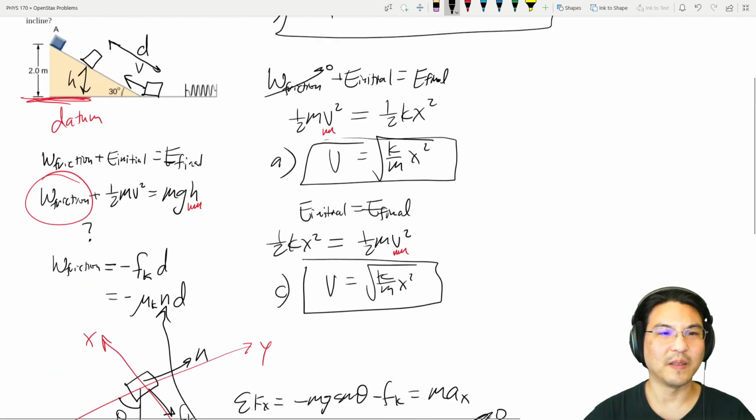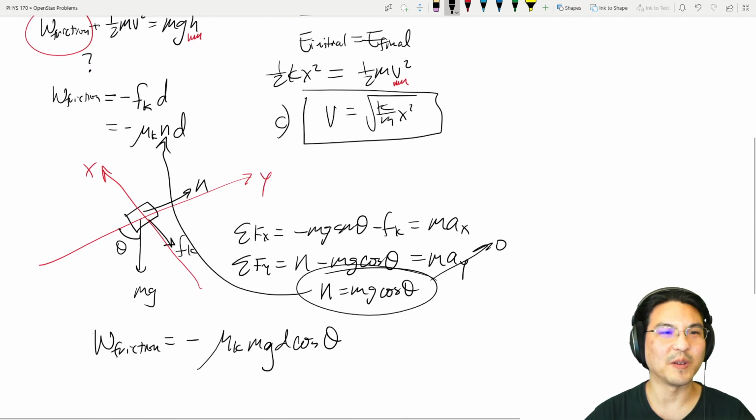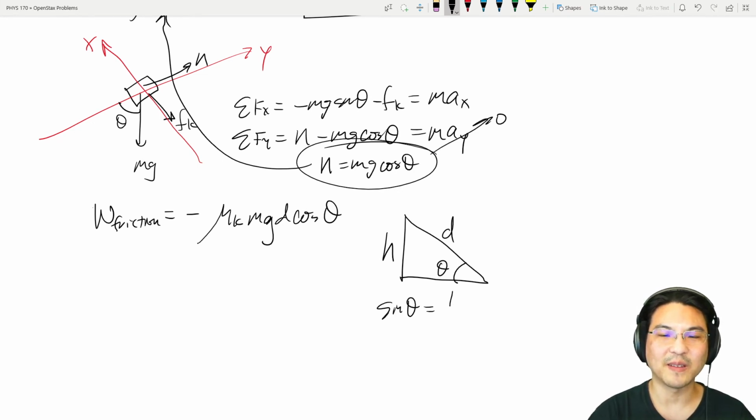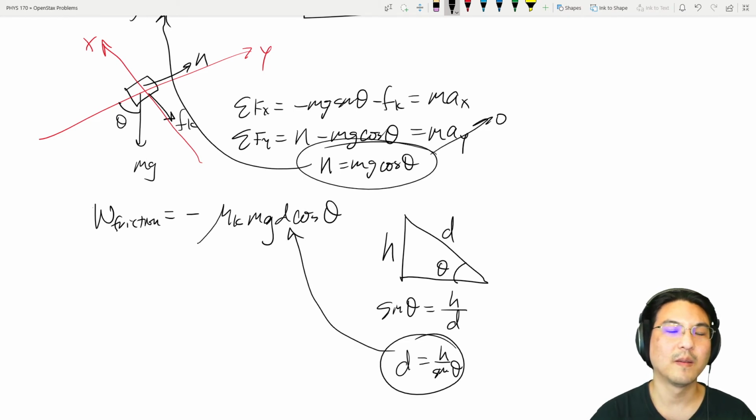Okay, and then let me just draw that triangle one more time. If the height h is here, the vertical height, the angle theta is here, and this distance is, say, d, then sine theta is opposite over hypotenuse. So in other words, d is h over sine theta. Okay, so then we can just replace that with h over sine theta.